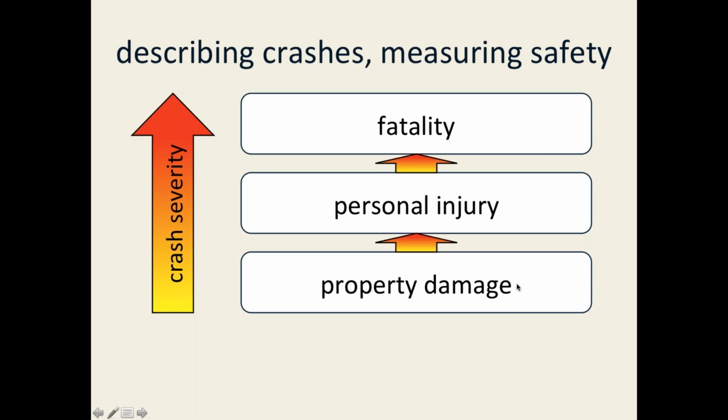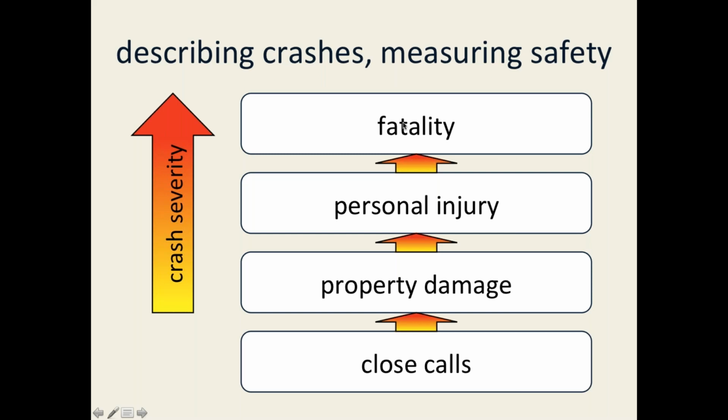Crashes are classified as property damage, which are fender bender crashes, personal injuries where somebody got hurt, and fatalities. We call that crash severity. It's a transition from minor crashes to major crashes. And we've started using close calls data that we gather by having citizens interact with the map and indicate where in their downtown they've had close calls.